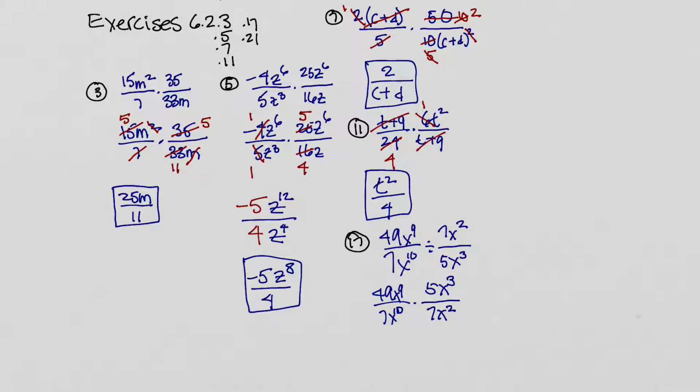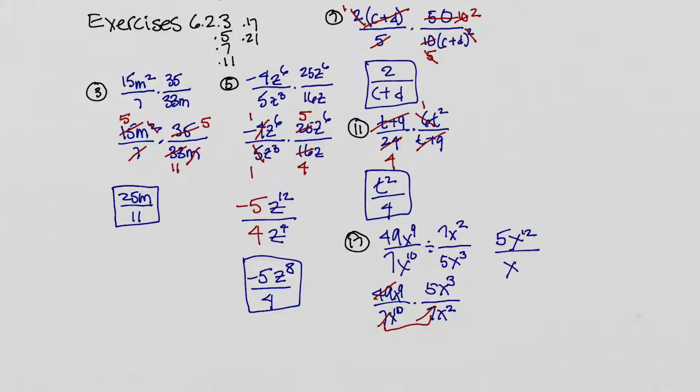Now I'm going to start canceling with these numbers first. Here's what I know. Well, look at this one. You got a 7 times the 7, that's 49. That'll cancel with that one. We're going to be left with that 5 on the top. So actually, I'm going to write this like this. I'll do it over here. We'll get 5, and then what do we have on the top here? We've got x to the 9th and x cubed. That's x to the 12. And in the bottom, we cancel those 7.